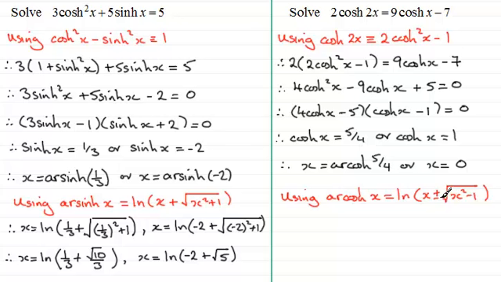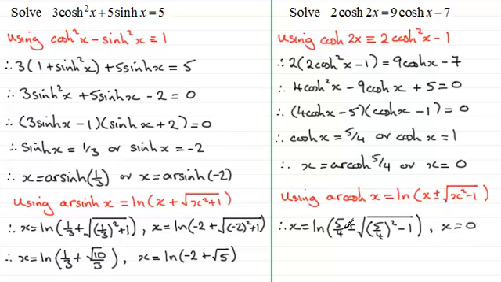So that's why we need the plus or minus. So using this, we therefore have x equals the natural log of 5 quarters plus or minus the square root then of 5 quarters all squared minus 1. And the other solution then was x equals 0.